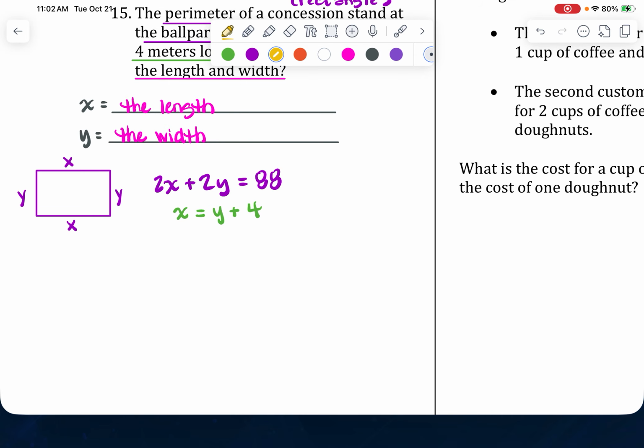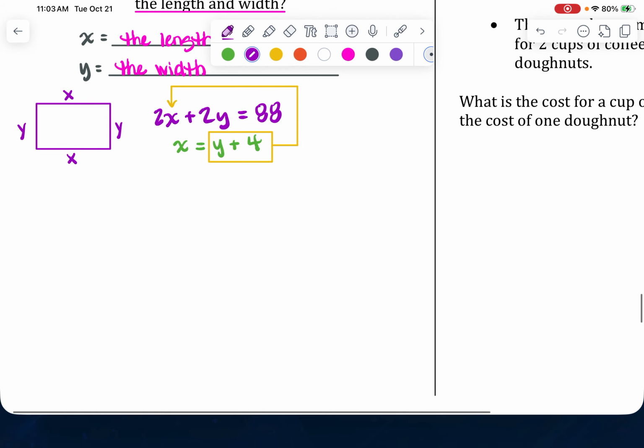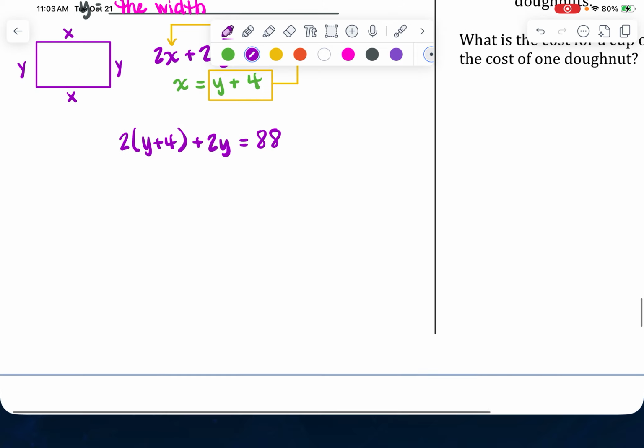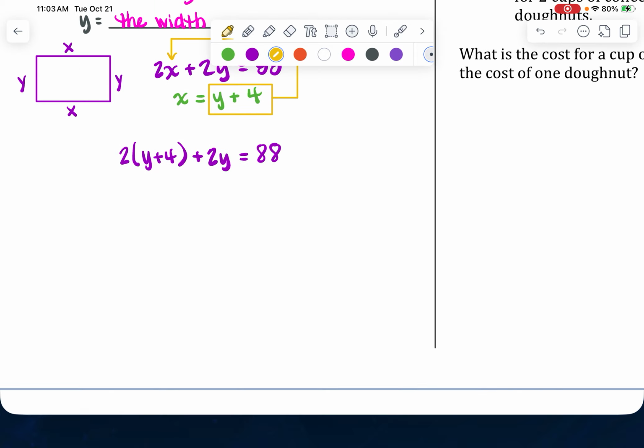All right, so yes, I'm going to do substitution yet again because they give me an x equals equation, which means I can take that expression and plug it in for the x in the other equation. So I'm going to completely rewrite that top equation, but instead of x, I'm going to plug in y plus 4 and then bring everything else down. Plus 2y equals 88. Now we have an equation of all y's, so now we solve.